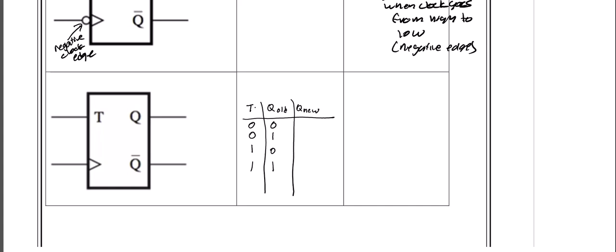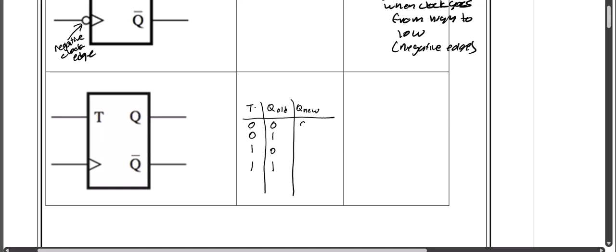So when T is 0, there's no change. That means when T is 0, the new value of Q is going to be the same as the old value of Q. So there's no change.